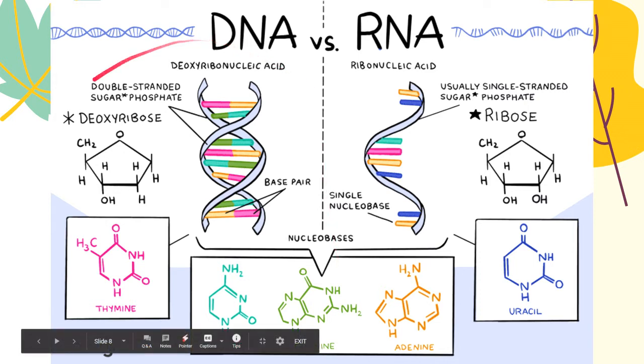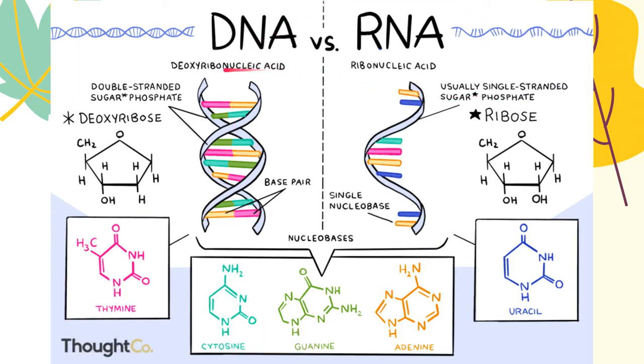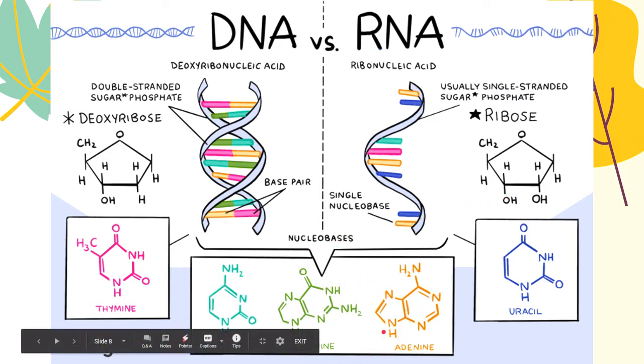The purpose of DNA is to code for the genetic material of the cell. RNA, on the other hand, ribonucleic acid, is single-stranded. It has an oxygen in that missing part, and it has the following nucleobases: cytosine, guanine, adenine. No thymine, it has uracil instead.